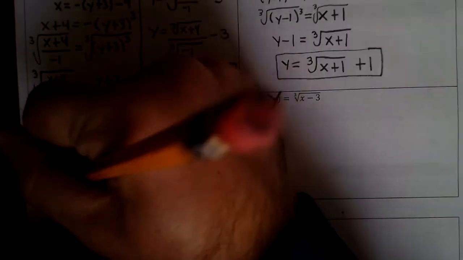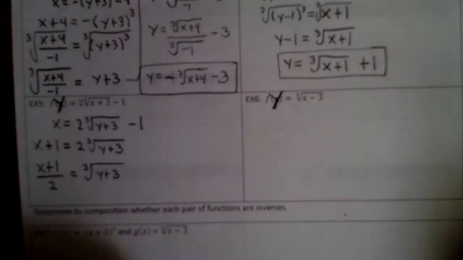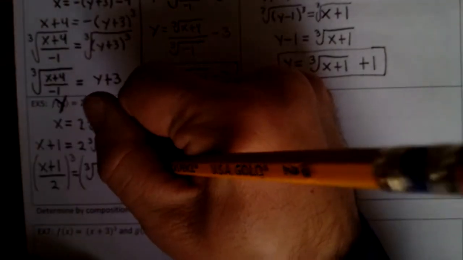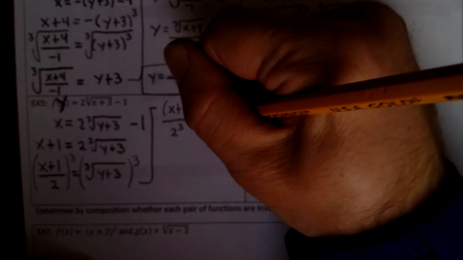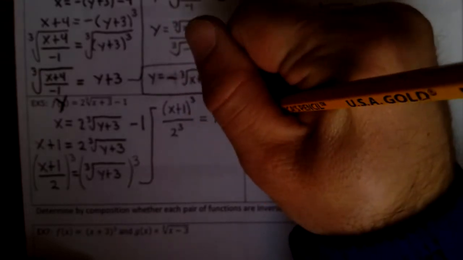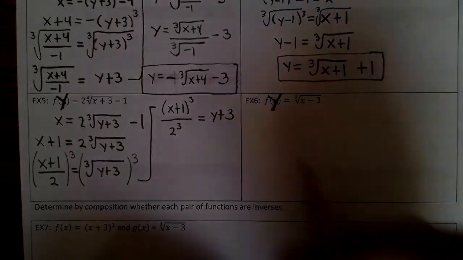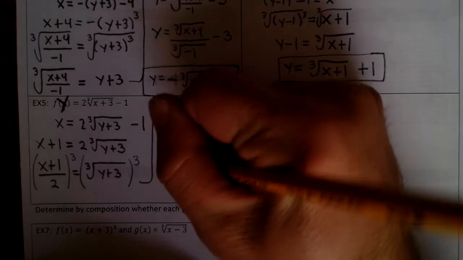We're going to cube both sides. So then you get x plus 1 cubed divided by 2 cubed equals y plus 3. Now, we're going to subtract 3 from both sides. We're also going to note that 2 cubed is 8. So y equals x plus 1 cubed divided by 8 minus 3.